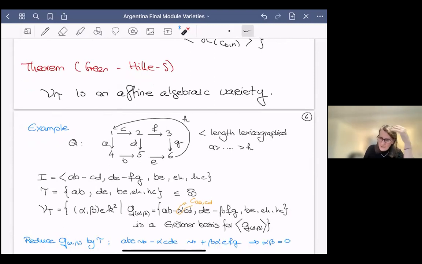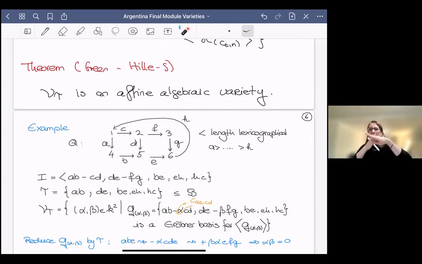So this gives us conditions, and this is done by reducing overlaps. And I don't really want to go into the details, but I overlap the relations with our tip set here, and we see, for example, that this relation overlaps with BE here, and that gives us then alpha beta equal to 0.